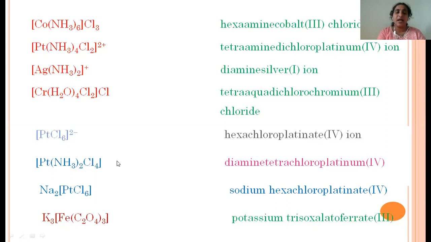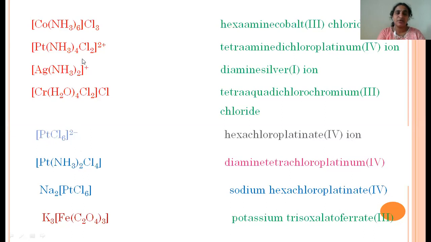So platinate, and -6 plus the metal equals -2, so it will become +4. And since the sphere has a charge, we write ion. So it is an example of a complex having a minus charge.